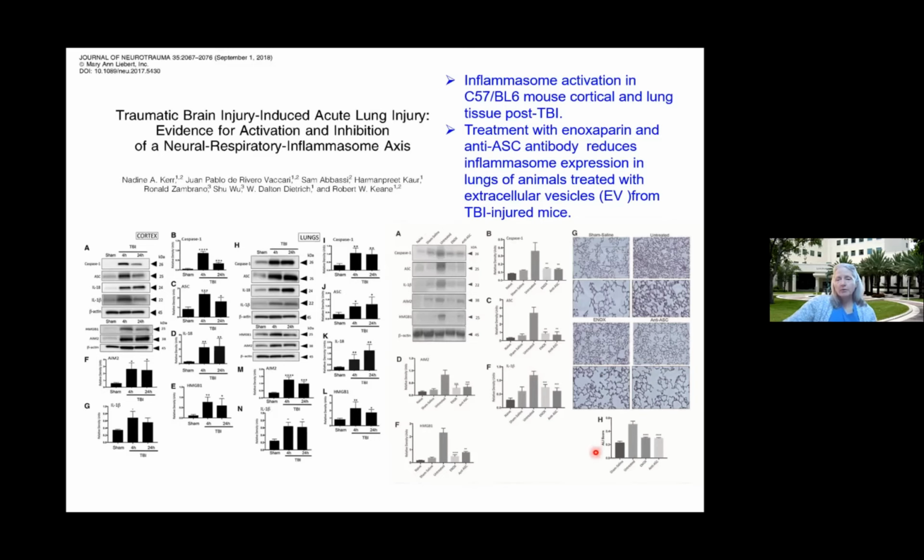And actually, when you look at acute lung injury score, there was a reduction in that particular score for these naive mice. So clearly showing a systemic response after TBI to the lungs, and she's actually now gone on to look at the gut and seeing similar responses. So there is a systemic inflammatory response in particular within the body after traumatic brain injury.